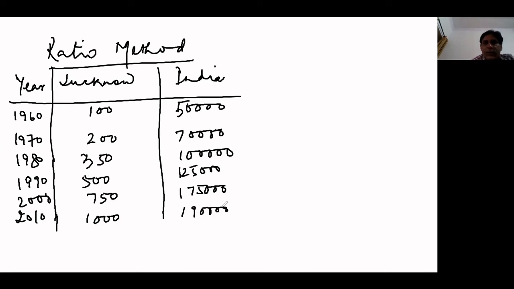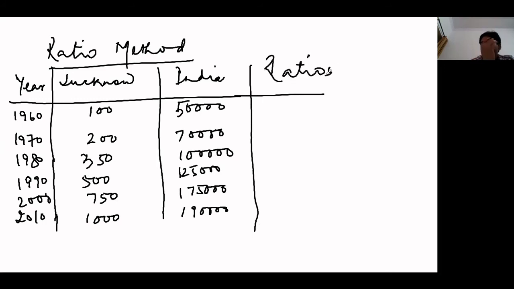Right? You obtain the ratio. Now, you can take it Lucknow by India or you can take it as India by Lucknow.